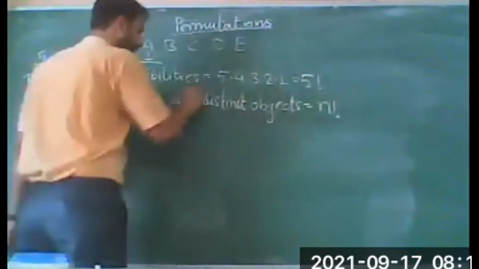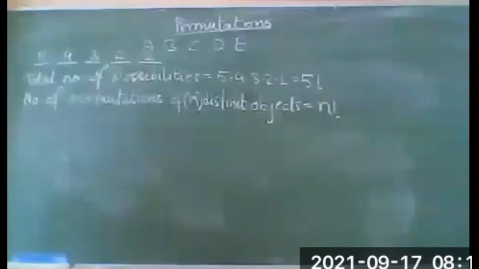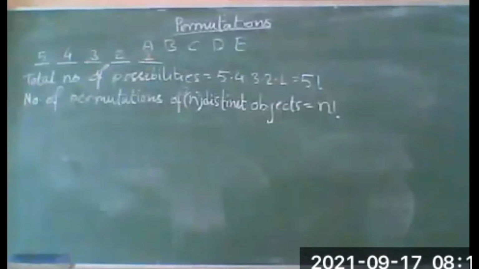See, there is an association with this n. If there are n objects, then we can permute them or we can rearrange them in n factorial ways. Okay, is it clear to everyone? Yes, sir.